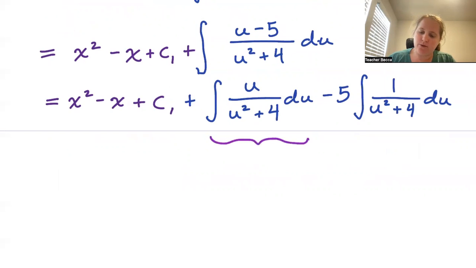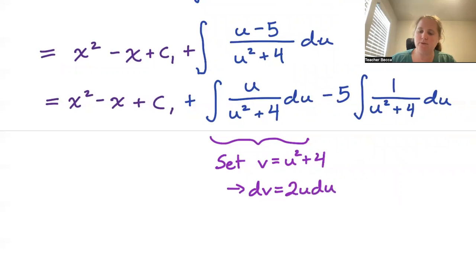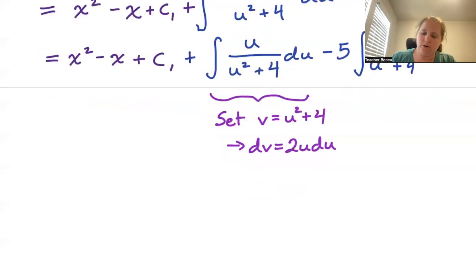This time around, let's go ahead and set v equal to u squared plus 4. Then we get that our dv is 2u du, or u du is 1/2 times dv.